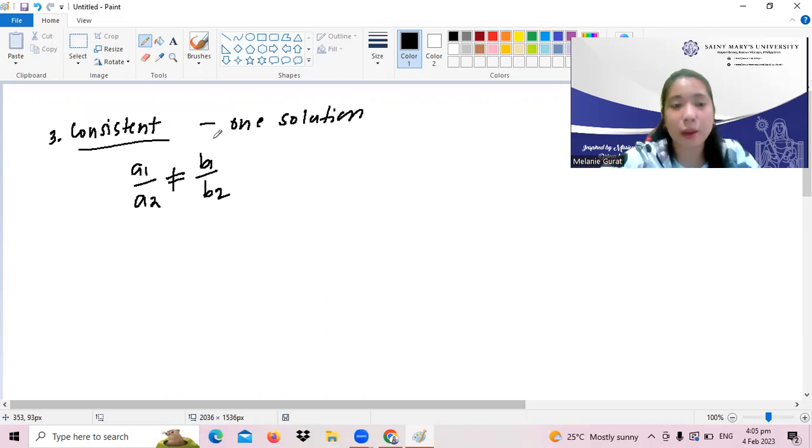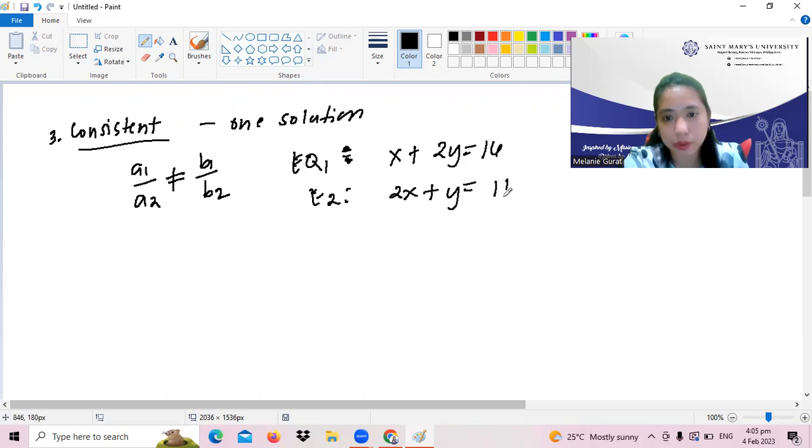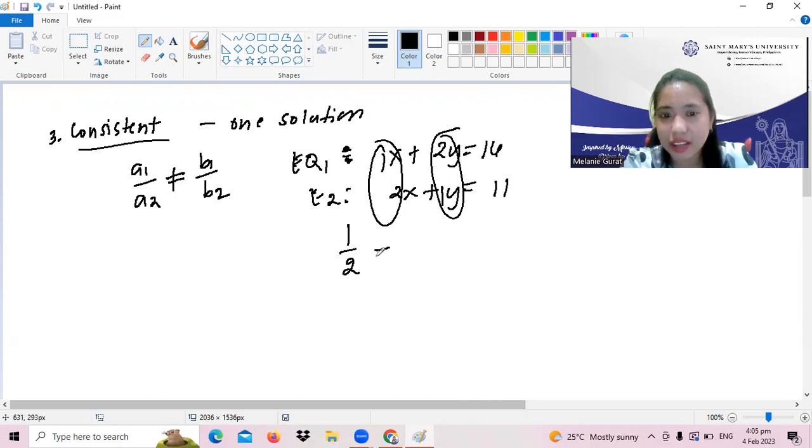For this example, we will be considering equation 1: x plus 2y is equal to 16, and equation 2: 2x plus y is equal to 11. So we have 1/2 and 2/1. So 1/2 is definitely not equal to 2. So the equation is consistent.